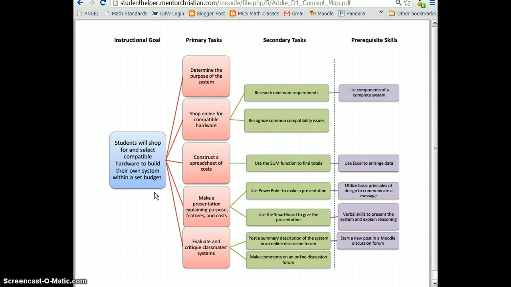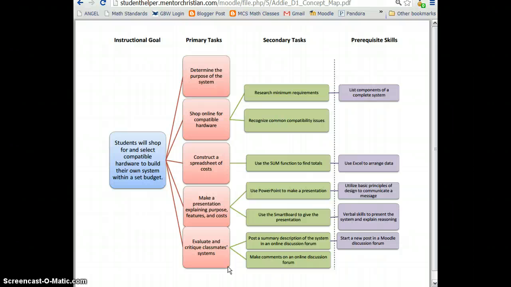My main goal is that students will shop for and select compatible hardware to build their own system within a set budget. And then they had a number of different tasks: determining the purpose of the system, shopping online, constructing a spreadsheet of the cost, so we did integrate a little of Microsoft Excel, and then they used PowerPoint to make a presentation and actually did present this in class using a smartboard.